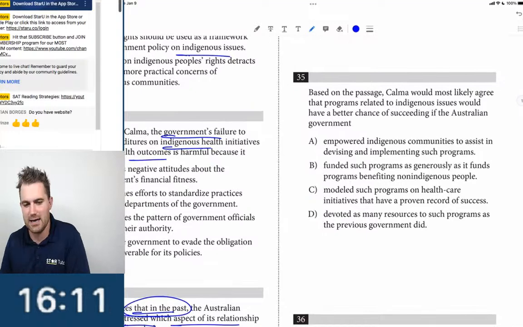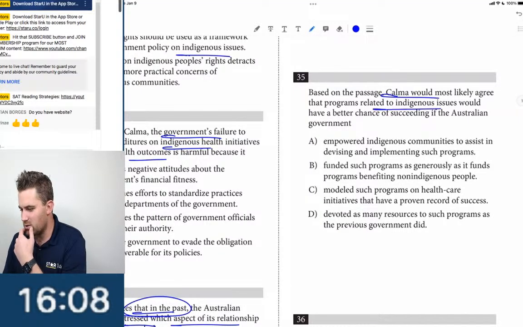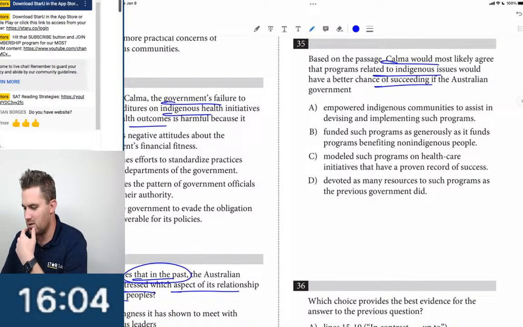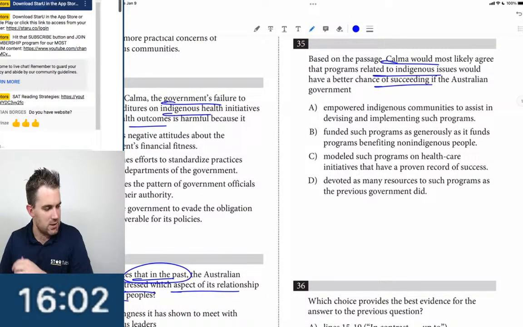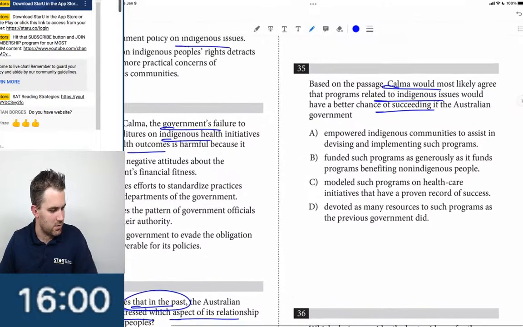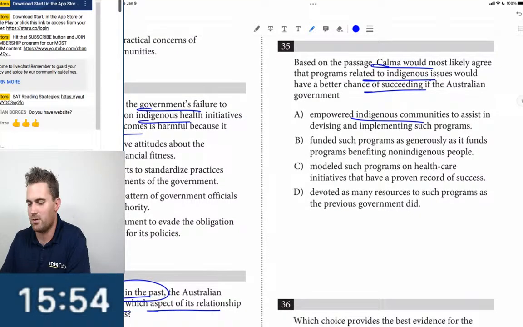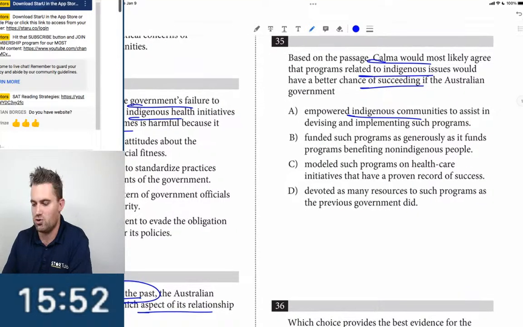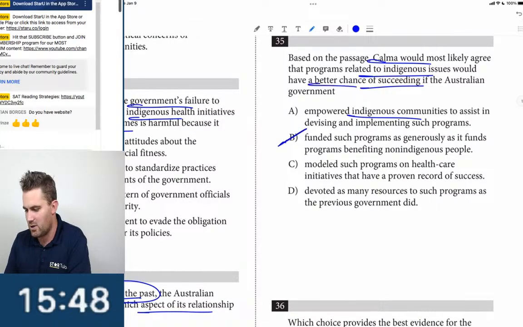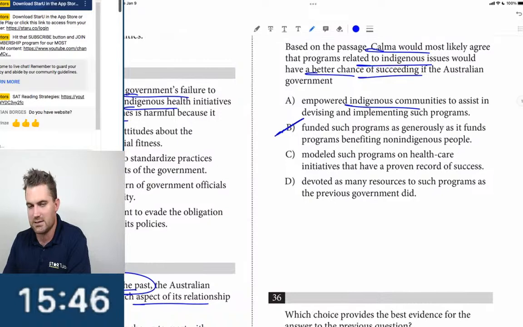So based on the passage, the author would most likely agree that programs that have better chances to be, if the Australian government empowered indigenous communities, maybe, right? That's the part talking about why haven't they actually addressed, why haven't they talked with any indigenous communities, funded such programs? No, it's definitely not. A better chance because they have funded the programs, modeled such programs on healthcare initiatives.